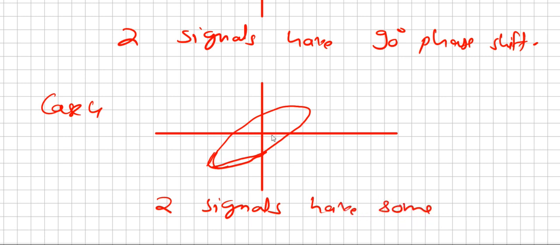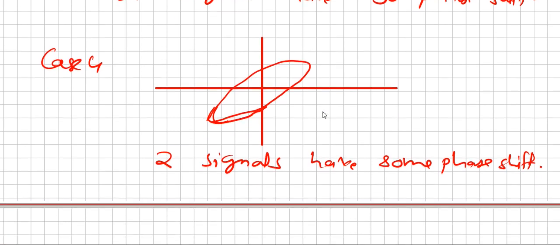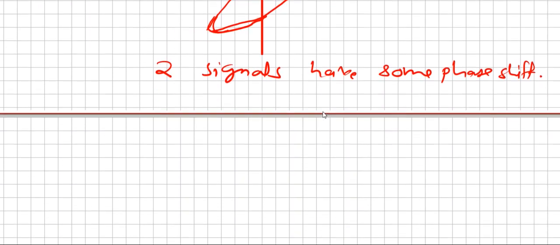That phase shift is dependent on the ellipse. Also we can have that information that the two signals are generated from the same source and have some phase shift. So that was case number 4.